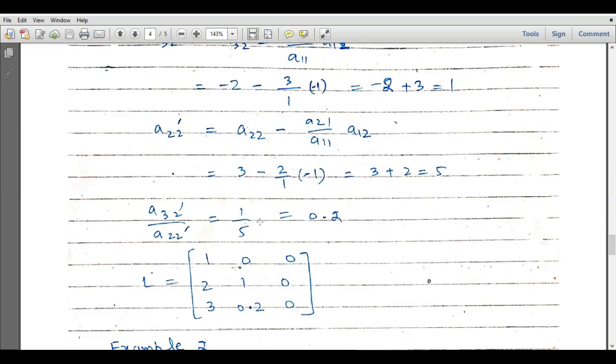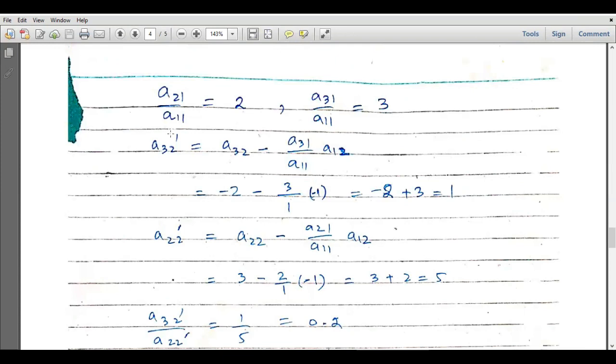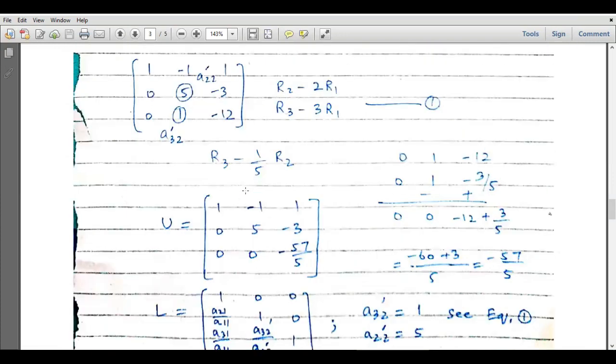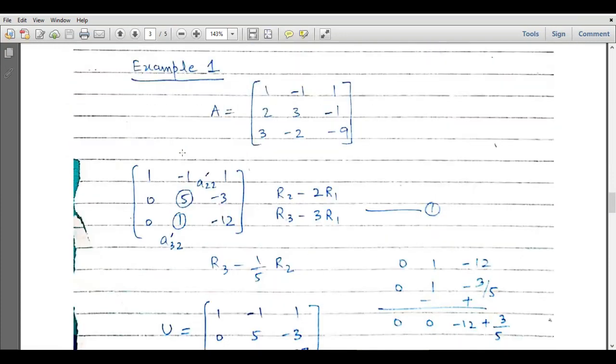One shortcut method is that these two entries, A32 dash and A22 dash, may not have to be calculated separately. Instead, if we observe this matrix, after converting these two entries to 0, we have to observe these two entries. This is our A22 dash and this is our A32 dash.